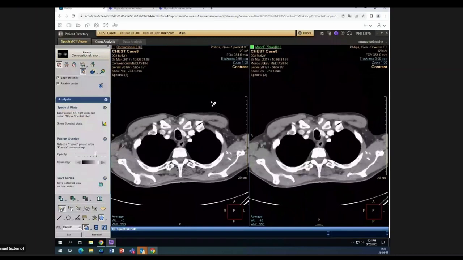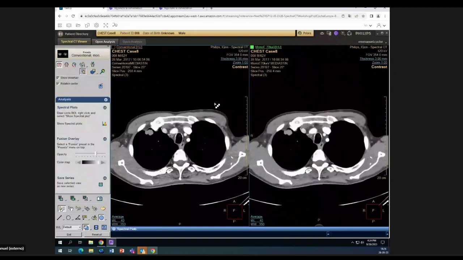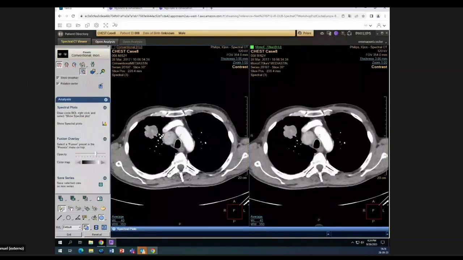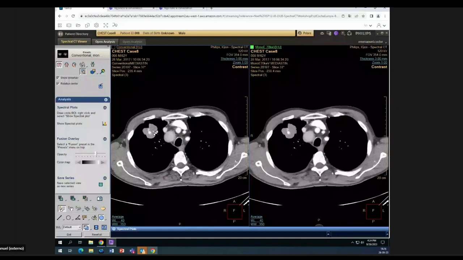The chest CT acquisition confirmed there was a lung nodule or mass. You can measure it above or less than 3 centimeters. It was a contrast enhanced CT, and you see there's some density in the right upper lung mass.